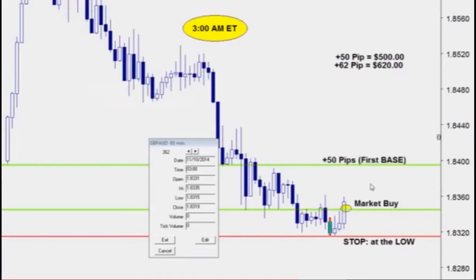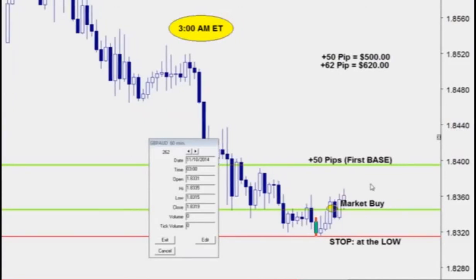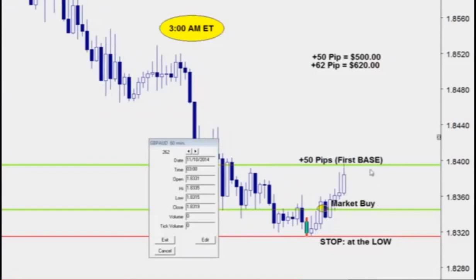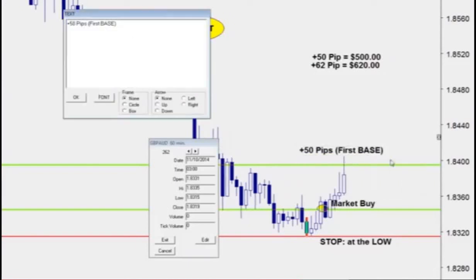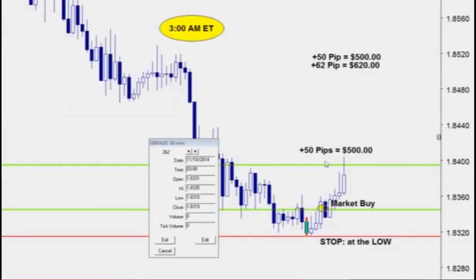At least, always. The only time you push it out beyond 50 pips is if your risk is larger than 50 pips. Okay, so every candlestick represents 1 hour of trading. Let's see what takes place. 1, 2, 3, 4, 5. Within 5 hours, you hit your target at first base, trading a standard position. Not only did you make 50 pips, but you also made $500 US.